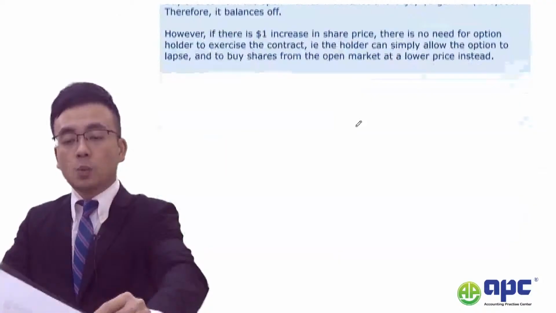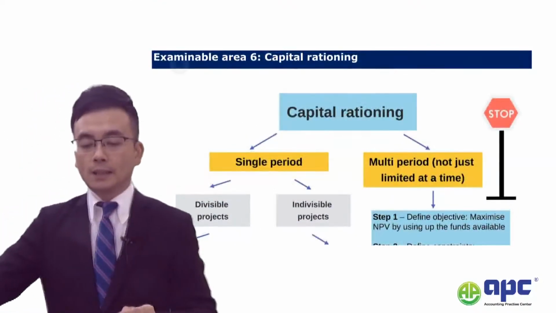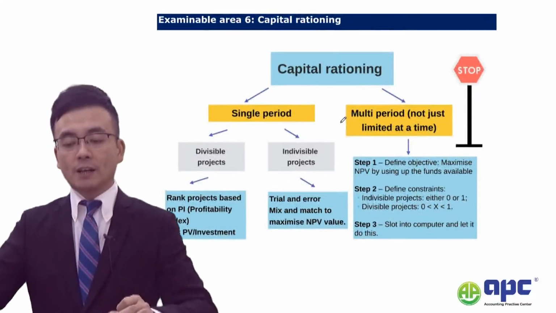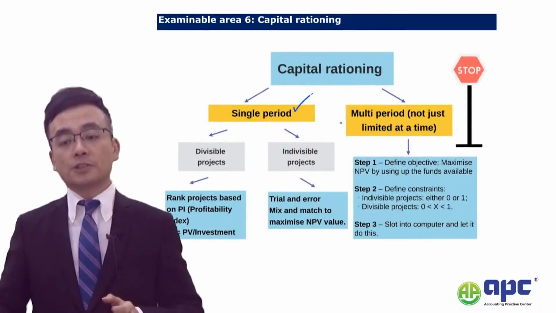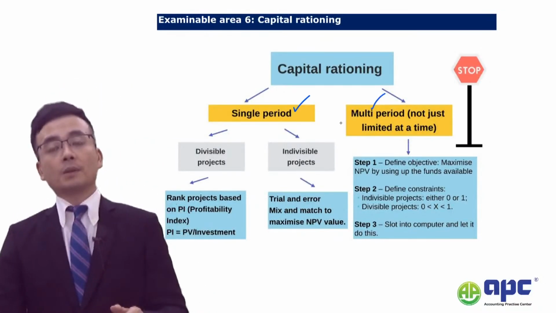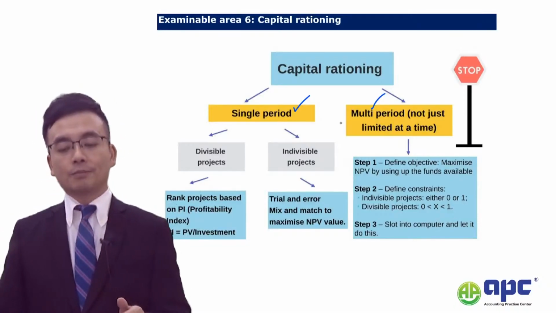Now, of course, we've got another one, or the final topic in this area. It's called capital rationing, which means we haven't got enough fund to do all the positive NPV projects. That could be the single period that we lack fund, or multi-period each and every time that we lack fund.